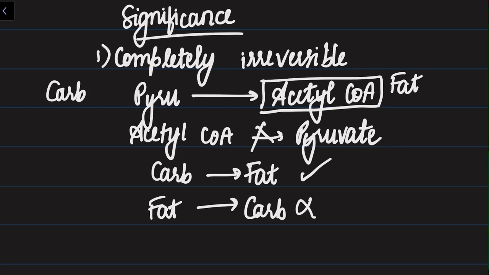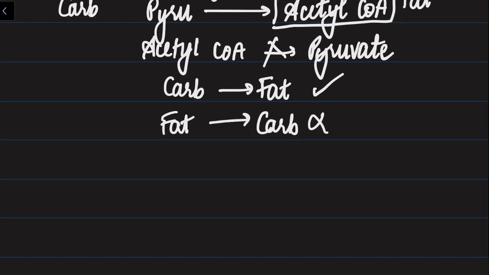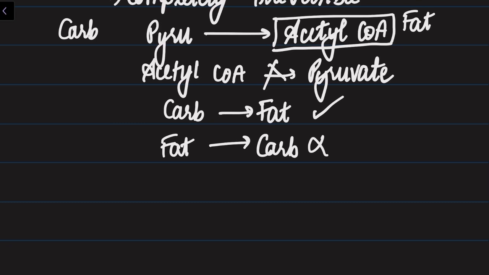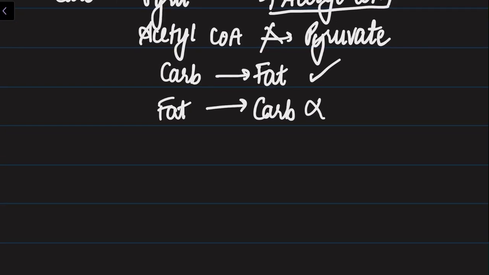In other words, there is no net synthesis of glucose from fat. You can make glucose from amino acids, glucogenic amino acids. You can make glucose from pyruvate through gluconeogenesis. But once you go to acetyl-CoA, there is no question of glucose. The fate of this molecule is fat and fat only. This is the first significance, that it is completely irreversible.